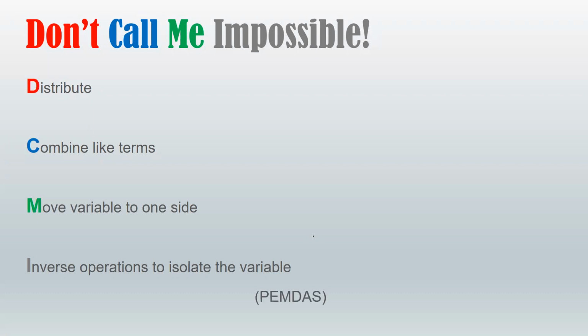But since we're doing inverse operations, we're going to be using PEMDAS backwards. So that means we want to do our addition and subtraction first, then we're going to do our multiplication and division, then exponents, and then parentheses. But for the most part, these are the only two we're going to be focused on in this lesson.